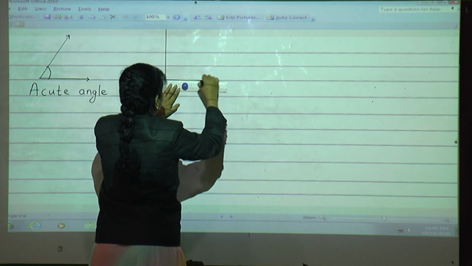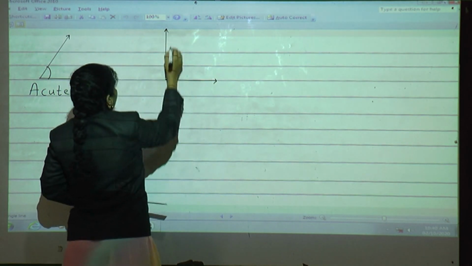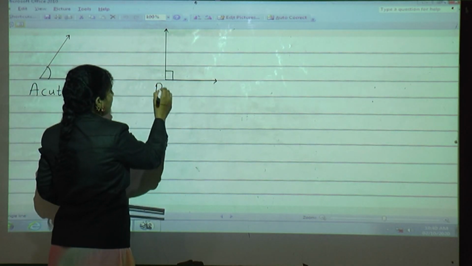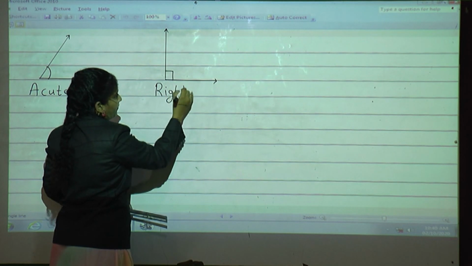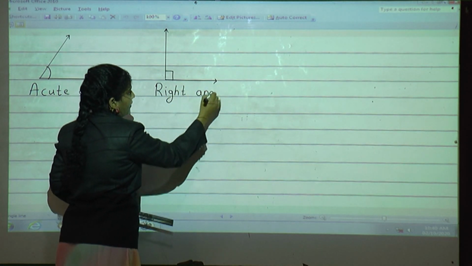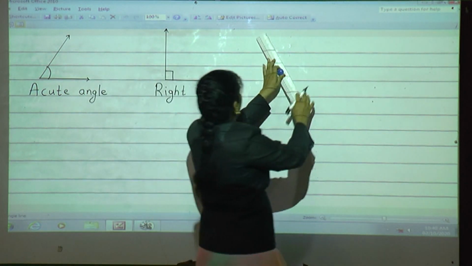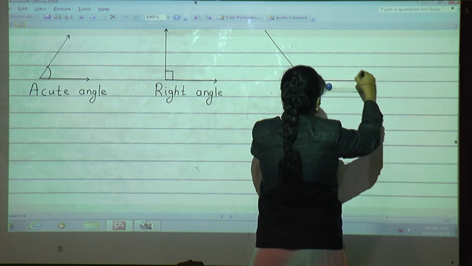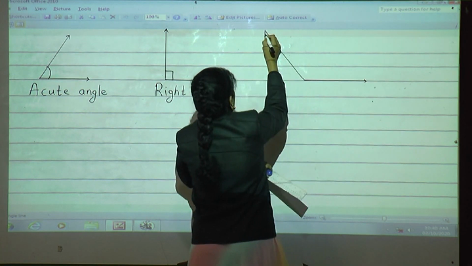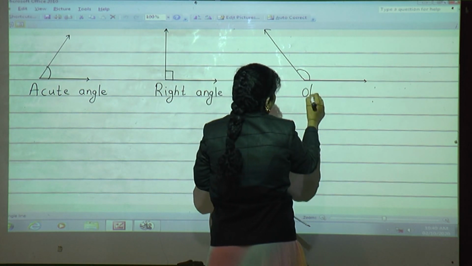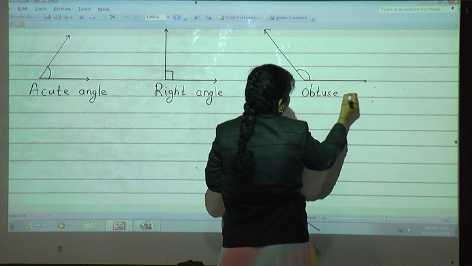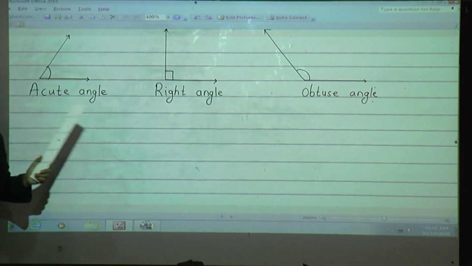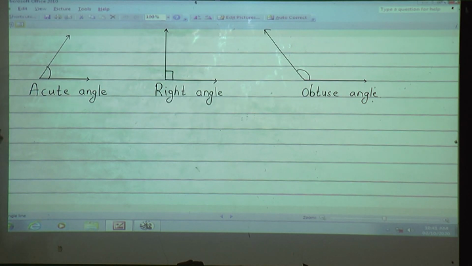Yes students, this is a right angle. Again tell me third one. Which angle is this? Very good. This is an obtuse angle. Now on the basis of angle there are three types of a triangle.